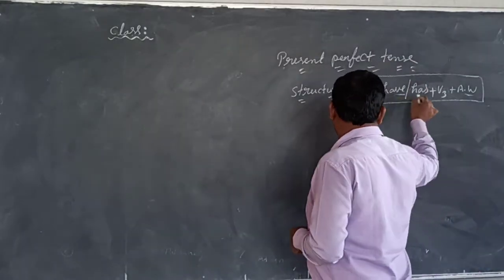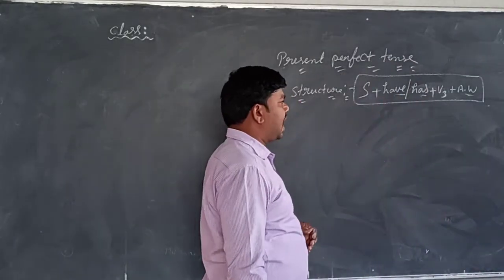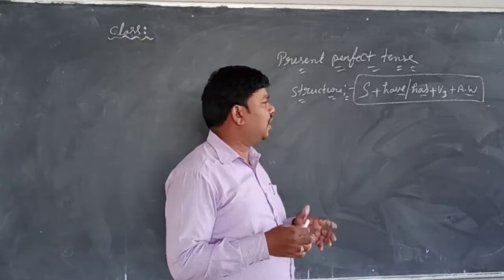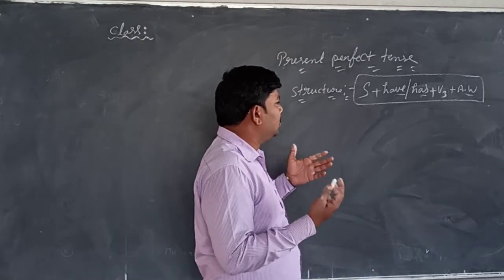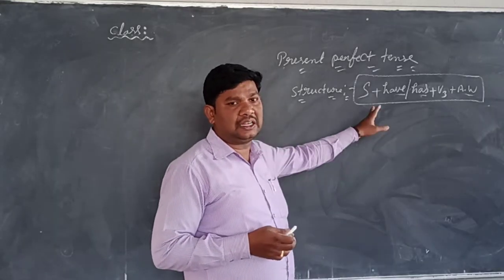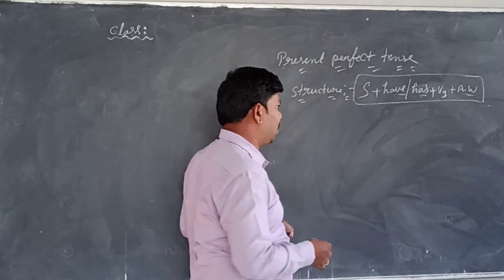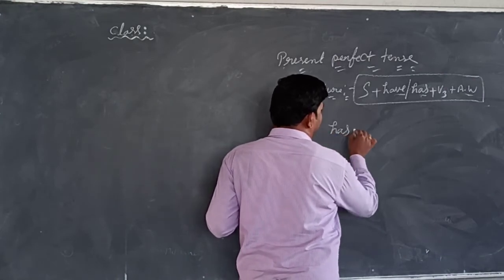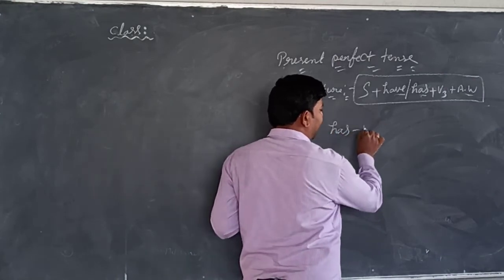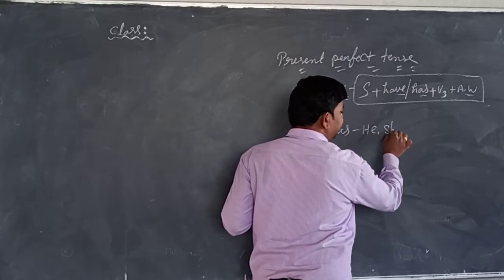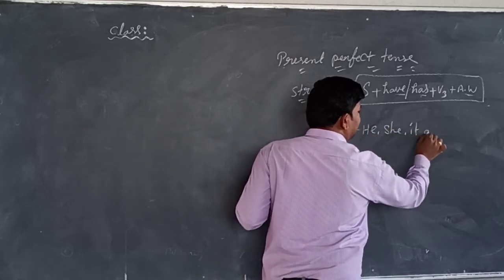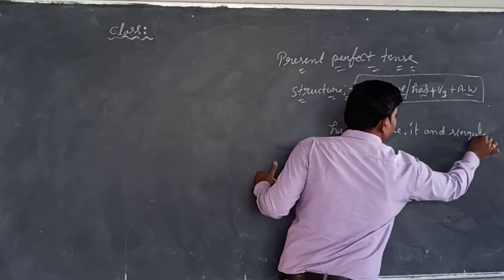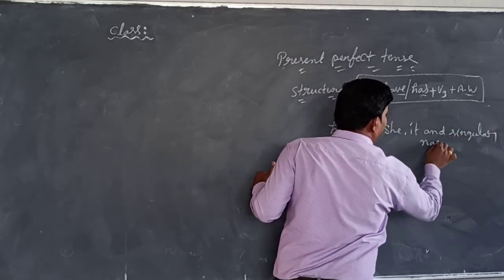So when do we use the helping word have or has? When you get a doubt, sir, when do we use, how do we use have or has? Those depend on the subjects only. If you take has, the subjects are only he, she, it, and singular names.